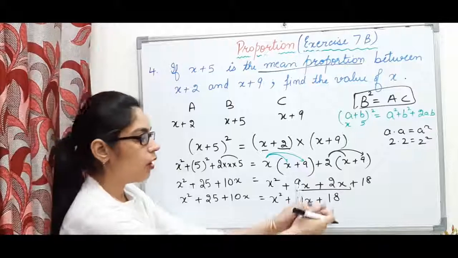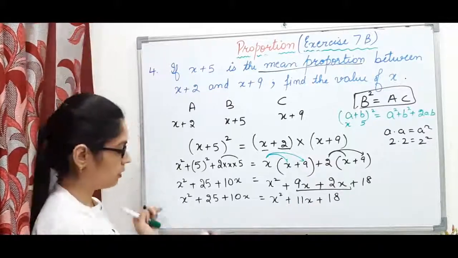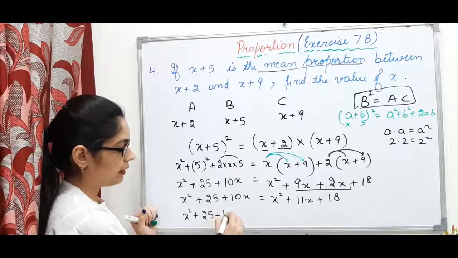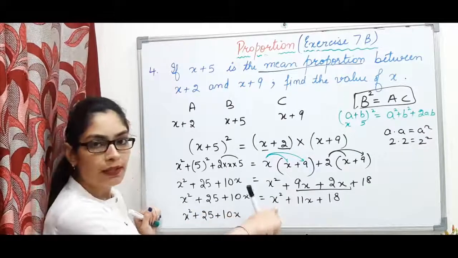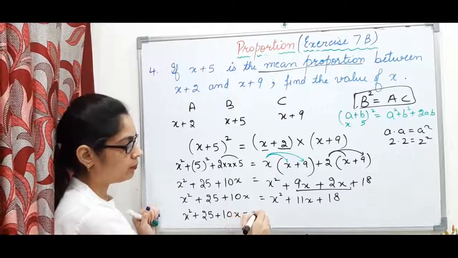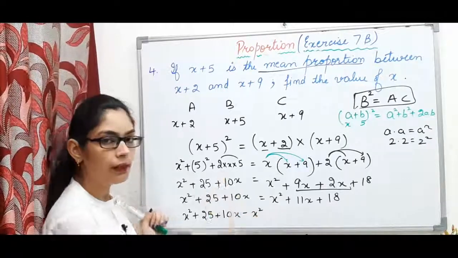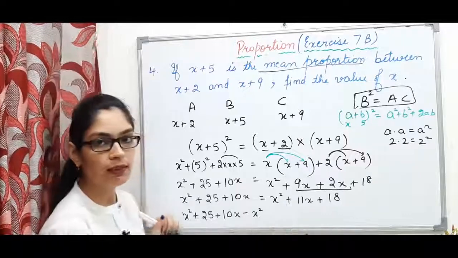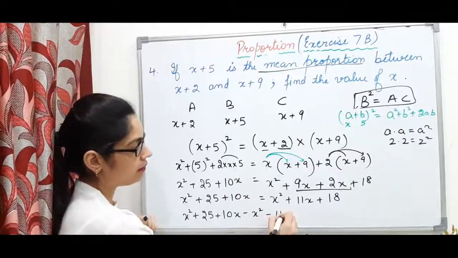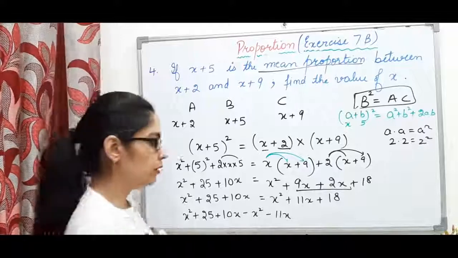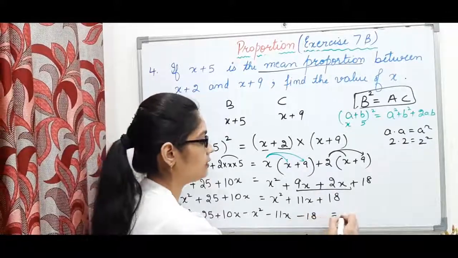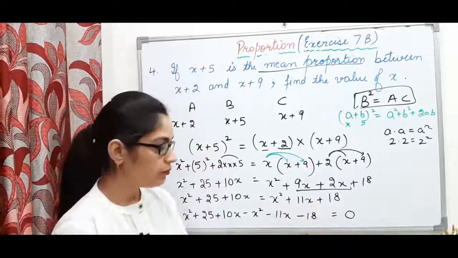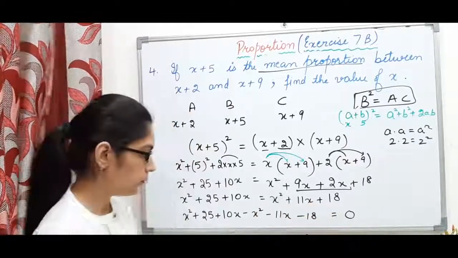Now, we will shift all these terms to this side. x square plus 25 plus 10x as it is. This plus x square, when we shift it to other side, it will be changed to minus x square. Plus changes to minus on changing the side. Again, this plus 11x will be changed to minus 11x. Plus 18 also will be changed to minus 18 is equals to 0, because now on this side nothing is there. If nothing is there, we can write 0.